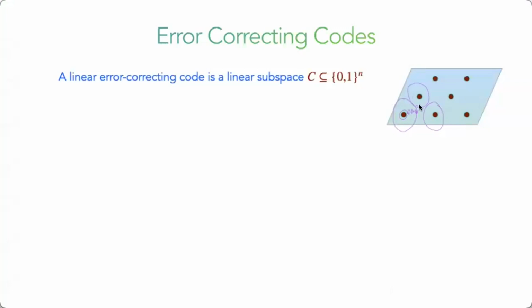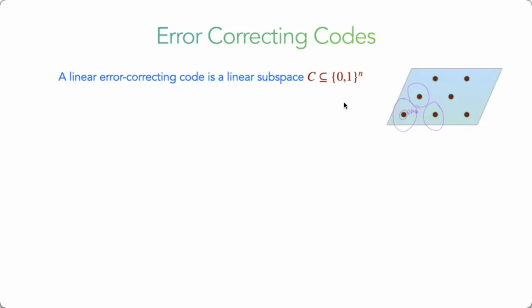Forgive me for these not beautiful circles. I kind of assume people know what an error correcting code is, but I prepared these slides also for a broader student audience, so I have a slide about it. One way to think of an error correcting code is that it's a linear subspace. It's just a vector space, and we think of the field with two elements, so {0,1}^n.